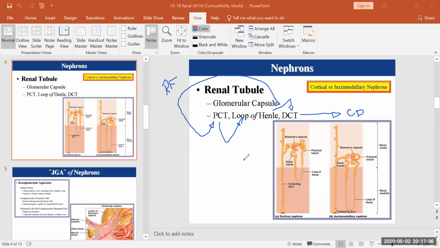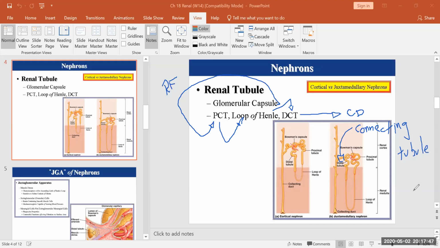Okay. Now, what is amazing also, and this you should learn from anatomy, each nephron is connected to the collecting duct by a special tubule here. And that part is called a connecting tubule. Okay, connecting tubule.